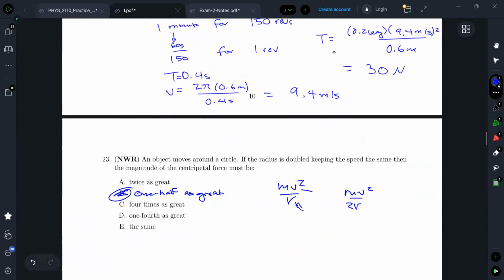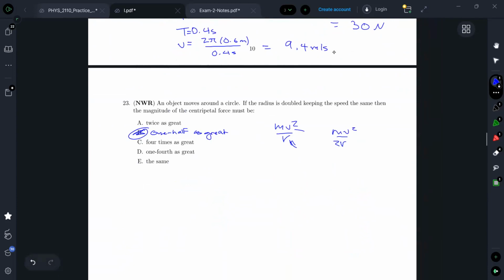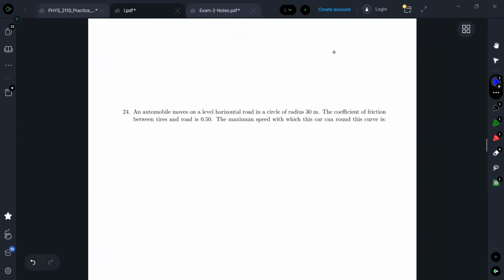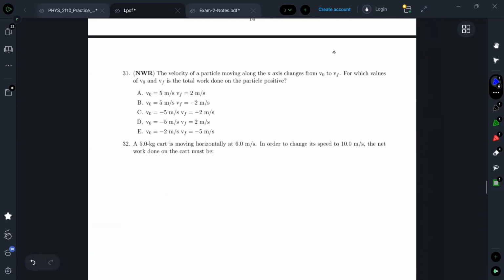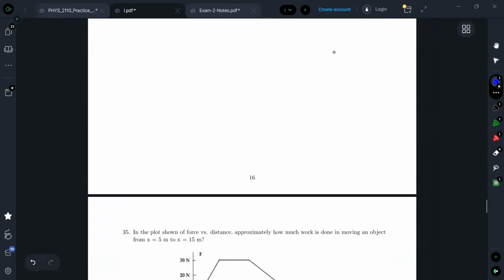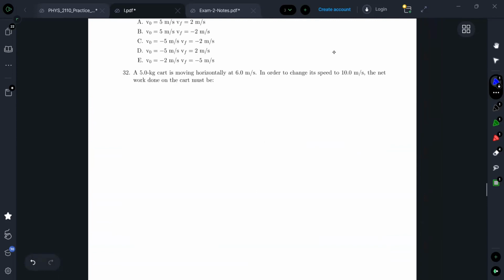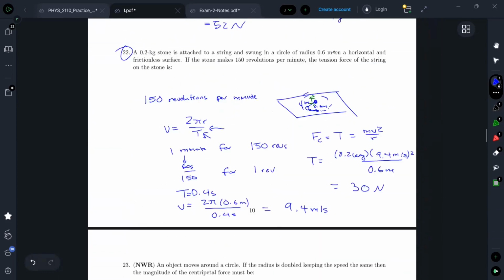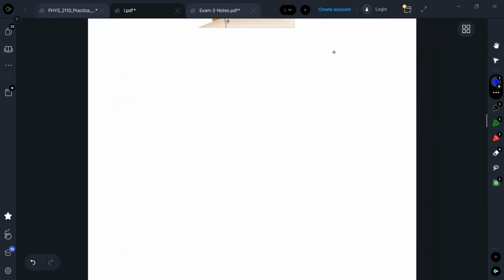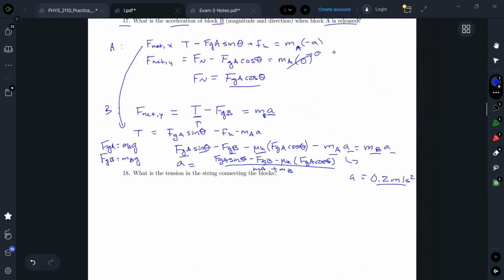All right, so that is where I'll stop. If there are questions on additional practice problems, maybe down in chapters 7 and 8, let me know. I just think chapters 5 and 6 are the most technical as far as applying everything, so I wanted to emphasize those a little bit more.